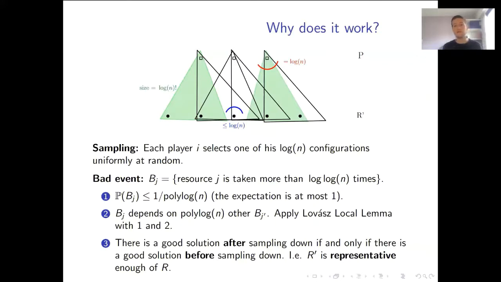Because the expected size of each hyperedge is still log n. So you still have enough information in the smaller resource set to recover a good solution to the bigger resource set. You apply this last step to recover a solution to the bigger resource set, and you obtain a log n approximate solution to Santa Claus. And that's the result of Bansal and Sviridenko, very briefly summarized.